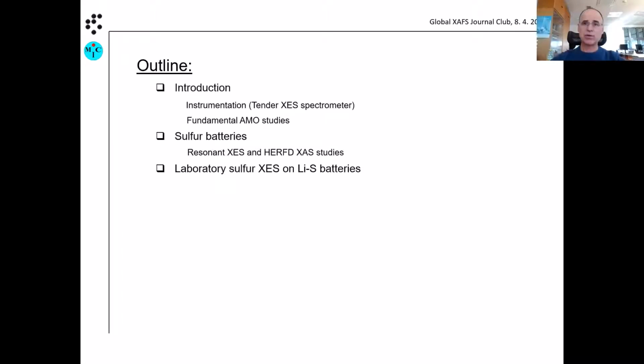So when I put this together, this is how I figured it out. The brief outline is, I'll start with a little bit of a personal view on the tender range itself.